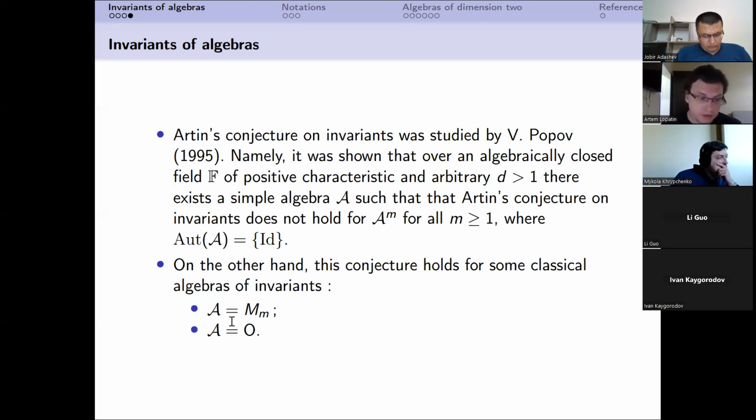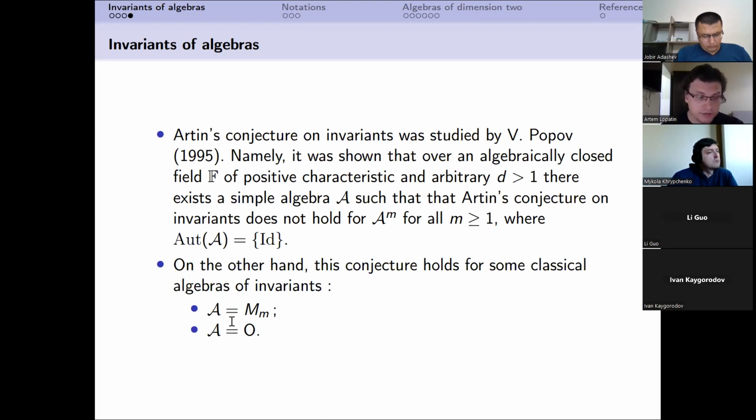We may consider, let's say, the Albert algebra, which has a group of automorphisms. The Albert algebra is a simple Jordan algebra, and this group of automorphisms is an exceptional algebraic group of type F4. And so they considered, let's say, invariants also with respect to a group of type E6.